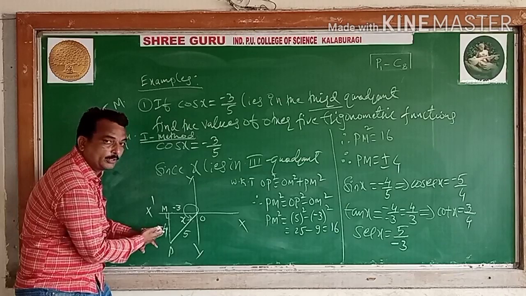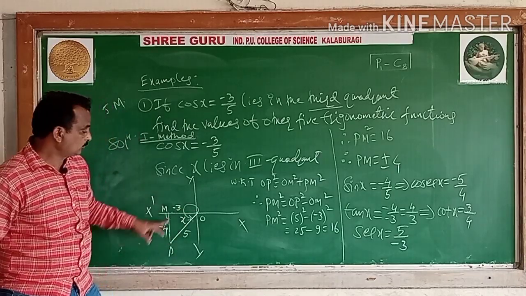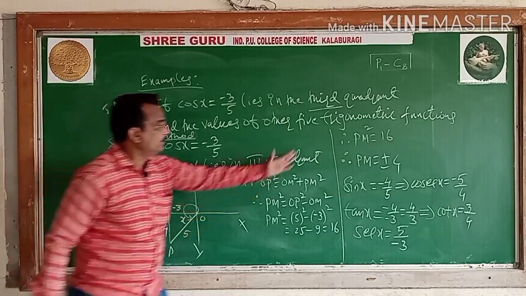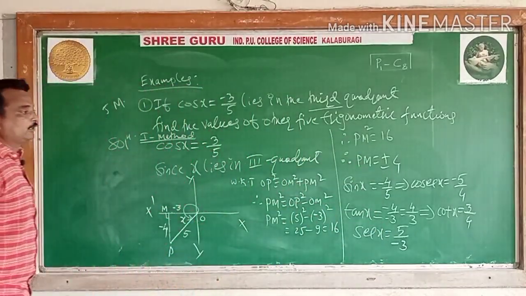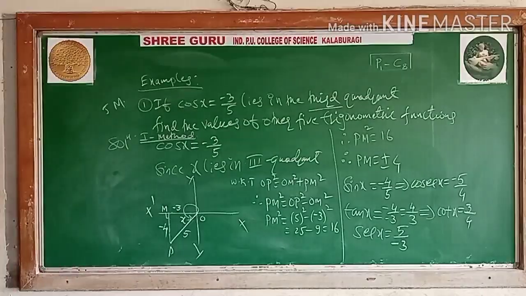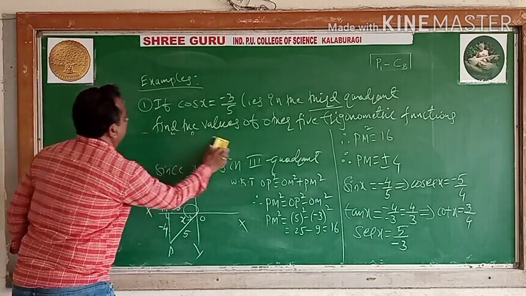We have taken minus 4 because it is parallel to the negative y-axis. After getting all 3 sides, we calculated the remaining 5 trigonometric functions. You should know how to calculate them, friends. So this is about the sign of the trigonometric functions. Now come to the second method.